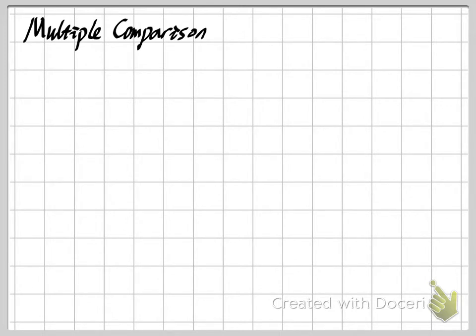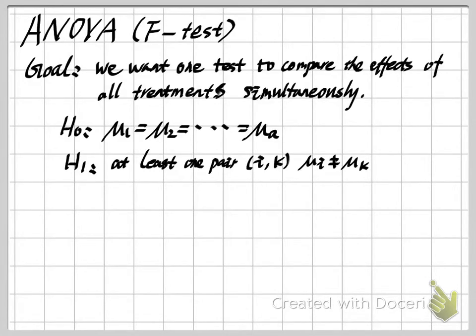In the videos about the F-test, the ANOVA, our goal was to check one null hypothesis that looks like this: H naught, which is mu1 equal mu2 until mu8.